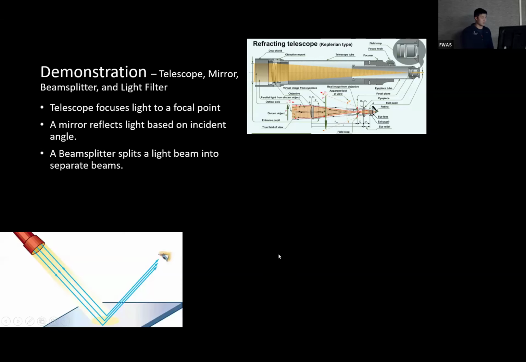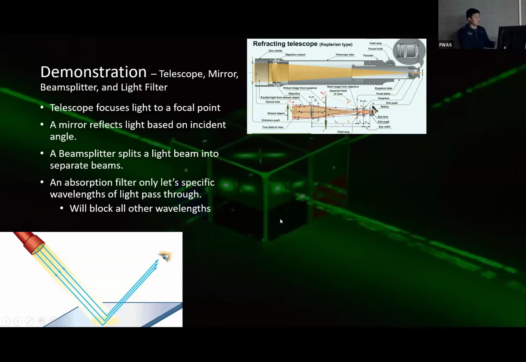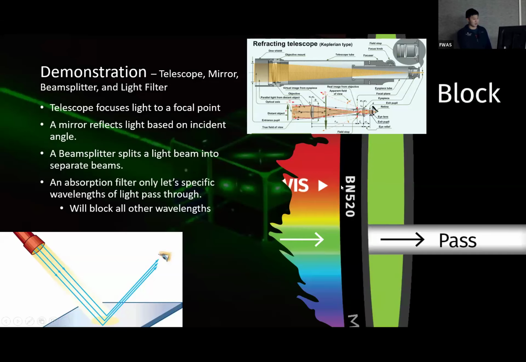A beam splitter splits light into separate beams. I'm going through these quickly because I actually have some real examples we can look at. Absorption filters only allow specific wavelengths of light to pass through. They block out other wavelengths. So you see here, this one only allows 520 nanometers, which is green light.